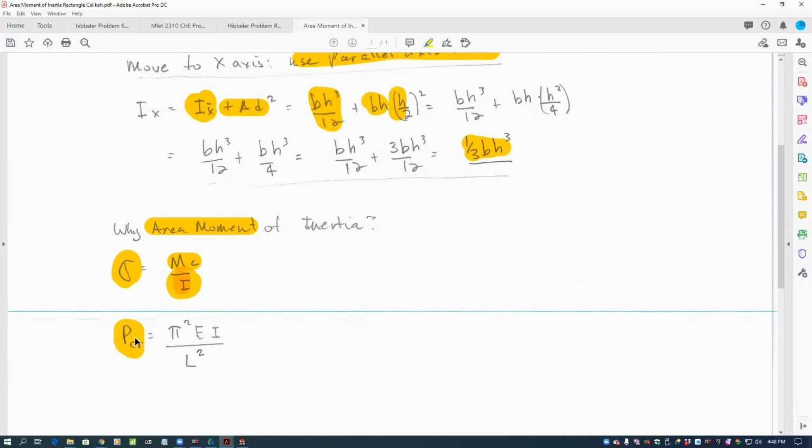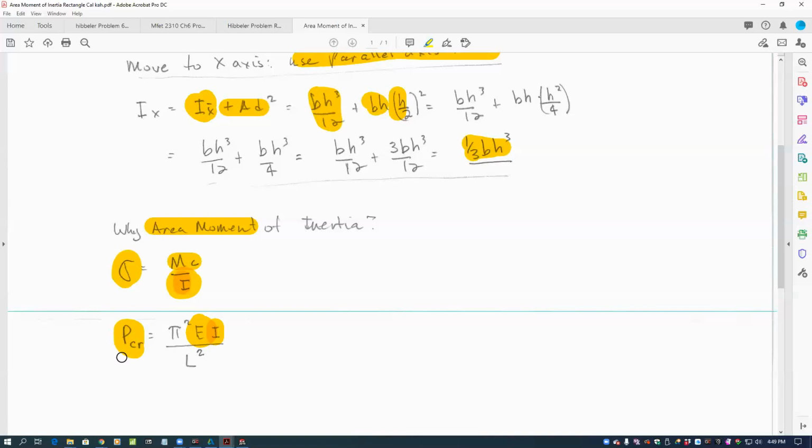And this is for a pinned column. One end is pinned. You can calculate the critical buckling load with this equation. And notice that in this case, area moment of inertia is directly proportional to the magnitude of the critical buckling load. So the larger our area moment of inertia, just as in the larger of our modulus of elasticity, the stiffer the element and the larger the area moment of inertia, the larger critical buckling load we can have.